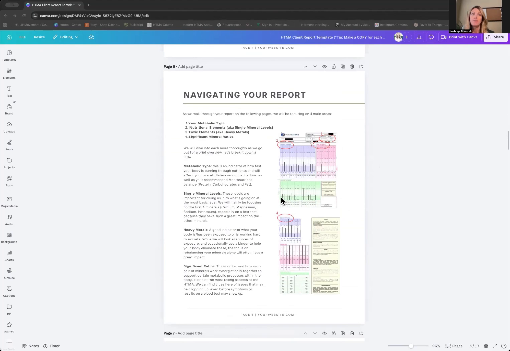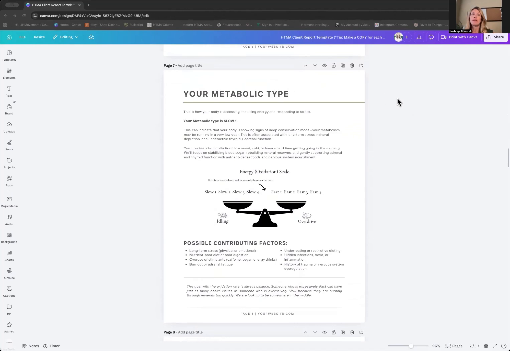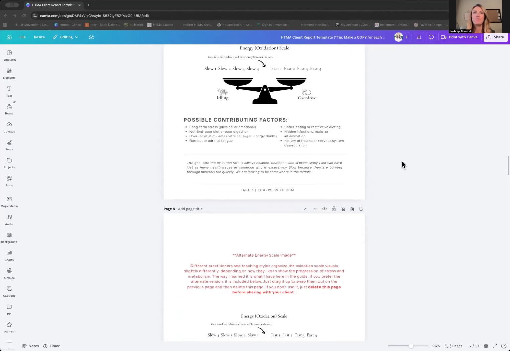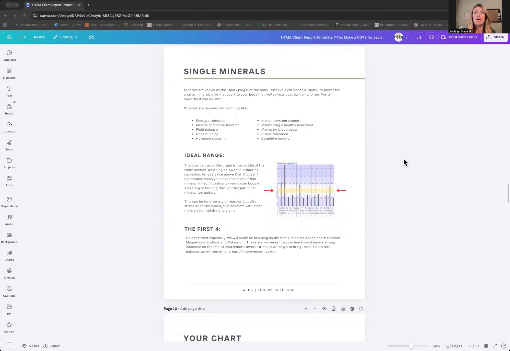And then I use trace elements, and so we talk about the metabolic type. That's really important, and I think it was a good thing to cover right off the bat. So I would talk about the metabolic type, give them some visuals because that's always helpful. And then single minerals, starting there.